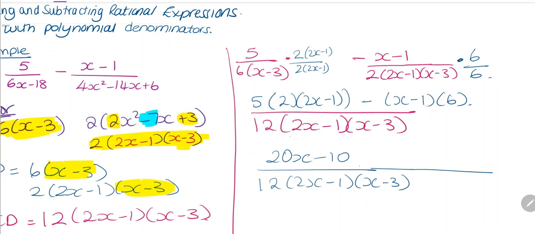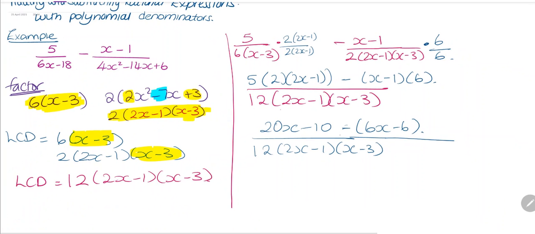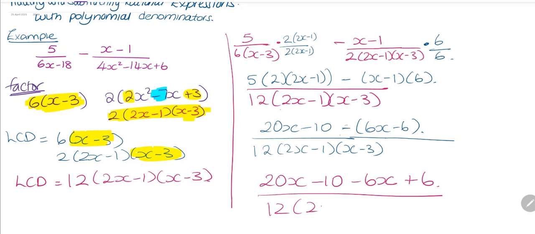And then if we multiply out, we've got 6x minus 6. So let's have a look at what we can do. 20x minus 10 minus 6x plus 6, divided by 12, 2x minus 1, x minus 3.